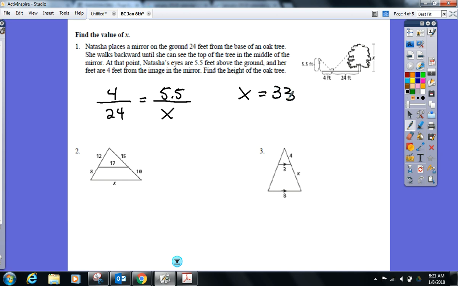Desk, oranges, corn shackles. 33. Oh yeah. Thank you. If the question has feet, everybody, so should your answer. What are corn shackles? Don't worry about it.